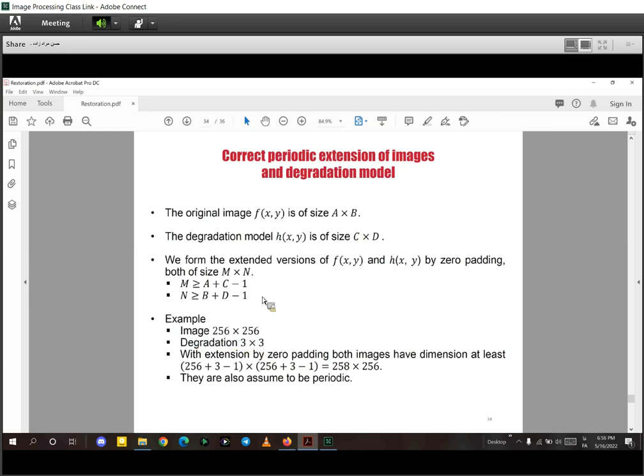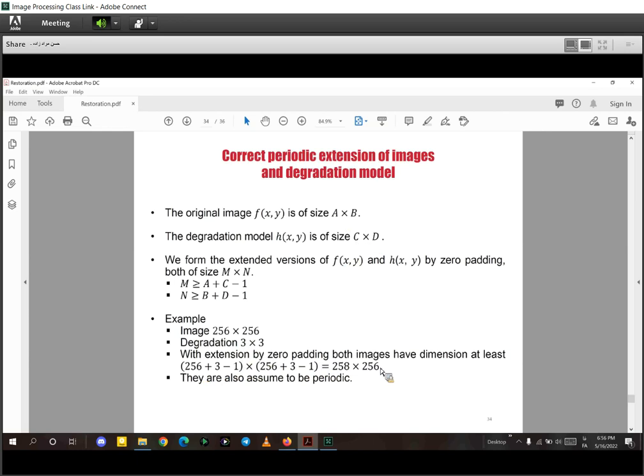For example, take an image of 256 by 256, so A and B are the same. For the degradation, C and D are also the same, for example 3 by 3.